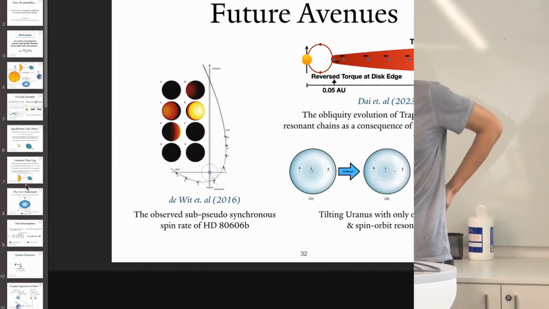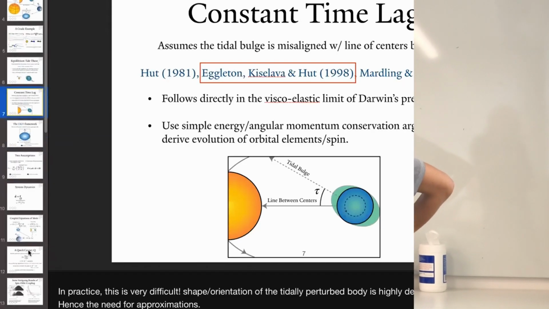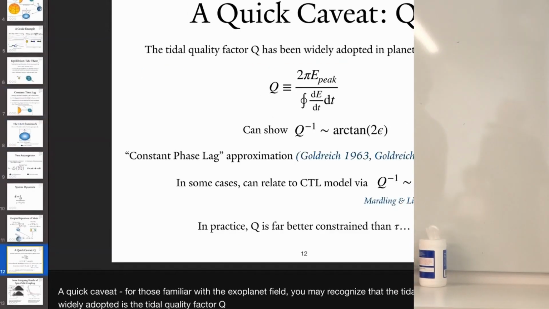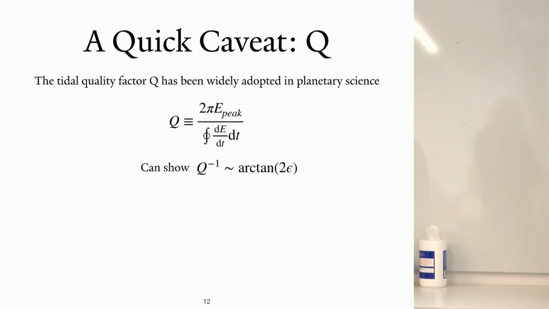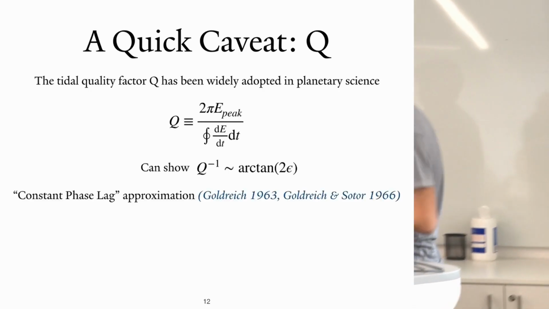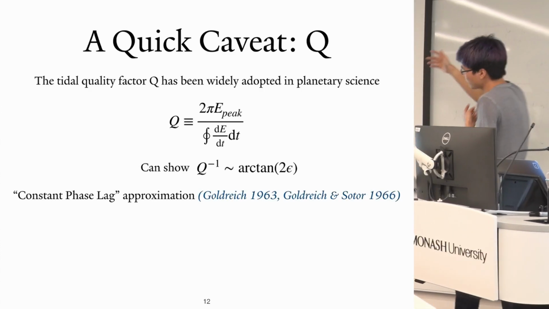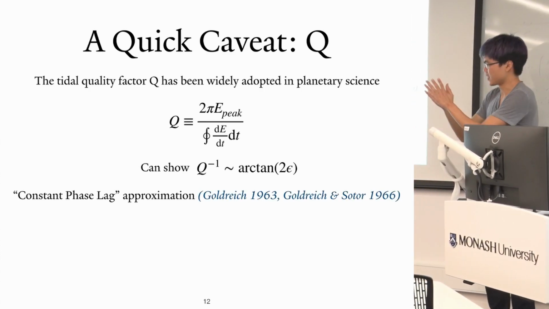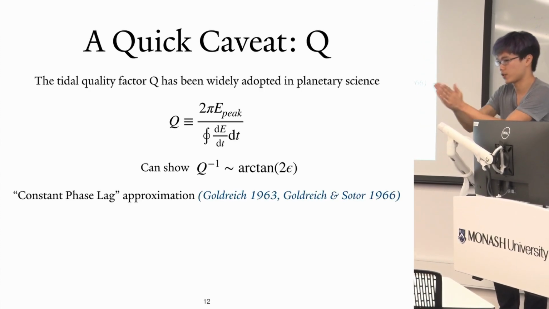That's an excellent question, and that was the source of a lot of confusion for me. The punchline is, there's a constant phase lag approximation and a constant time lag approximation. In the constant time lag approximation, yes, this time lag tau is intrinsic to each body.